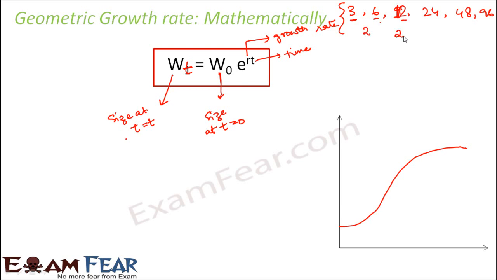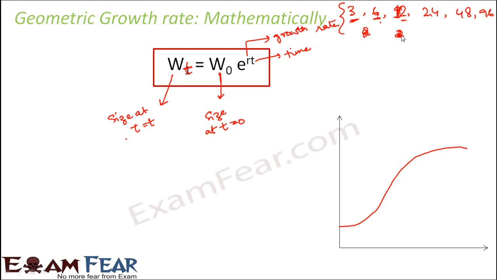Again, this divided by this is 2. So every time whatever is formed is doubled here. 3 into 2 is 6, 6 into 2 is 12, 12 into 2 is 24, 24 into 2 is 48. So at each step it gets multiplied. That is why the value increases very fast in a geometric progression, and that is why it is known as a geometric growth rate.